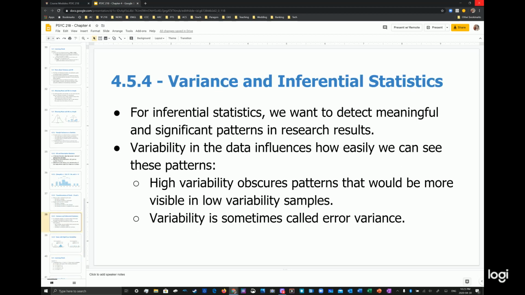In terms of inferential statistics, and we're looking ahead into the next few chapters here after chapters 5 and 6, where we standardize scores and look at probability, variance and standard deviation is going to be the key to looking at inferential statistics.